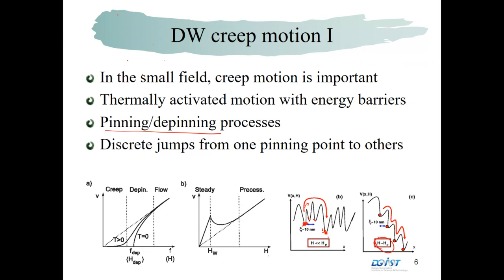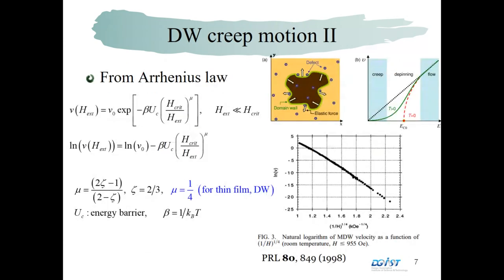But if we have a large enough external field, such an energy barrier is much smaller than the external field, and then the domain wall moves very easily. As you see here, we have a lot of pinning sites, and the domain wall is pinned at these pinning sites, which are generally randomly distributed in your sample.